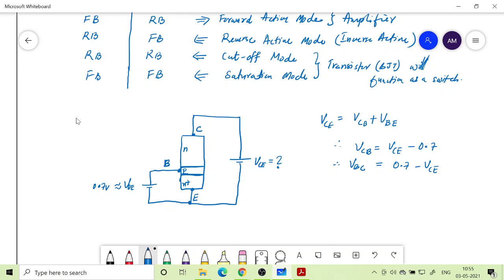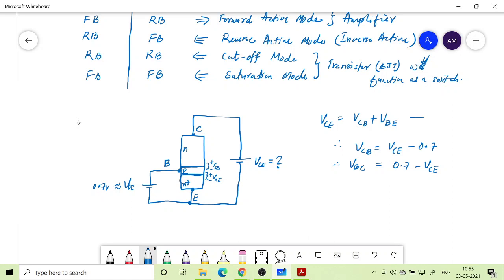So what should be my VCE? Does everybody understand how I got this particular equation? This is basically taking a KVL. There is one voltage drop here, another voltage drop here. So this is plus minus VBE, and here it is plus minus VCB.